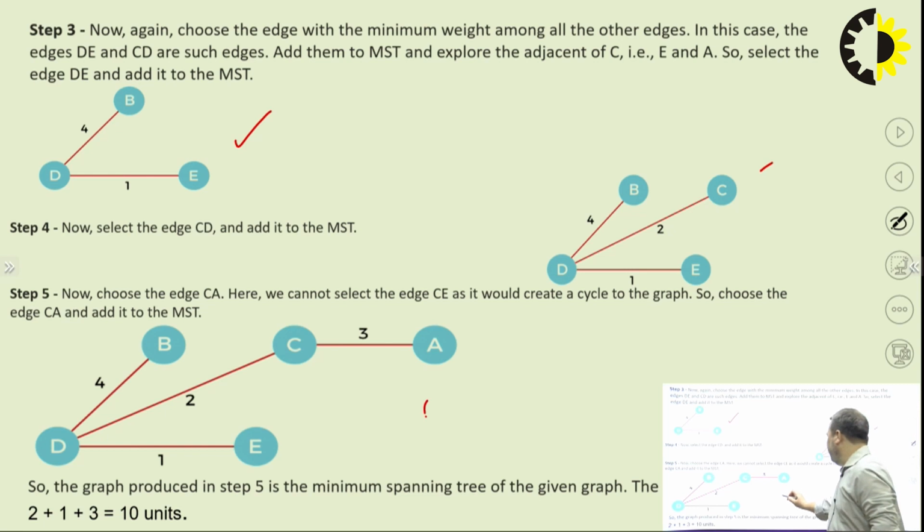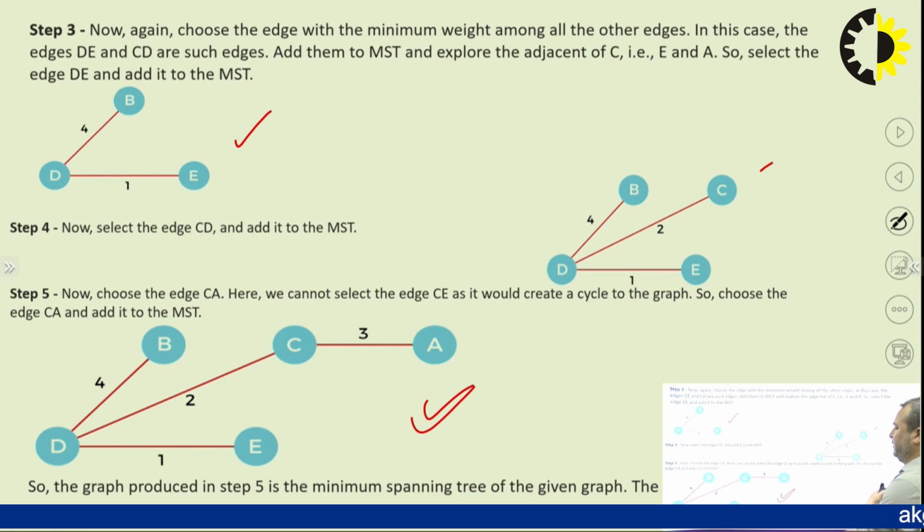So this is the minimum spanning tree. We will sum the weight of these edges. We will find the cost, or you can say total sum. So this will have 10.